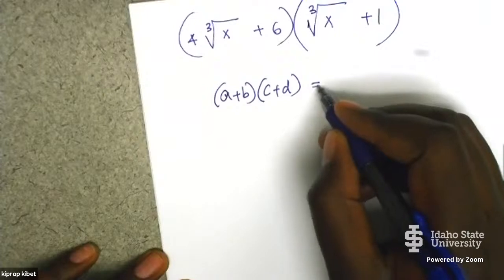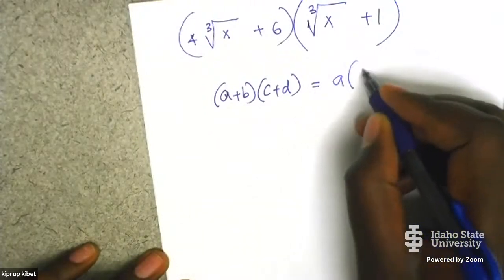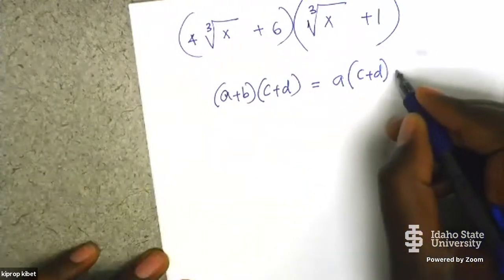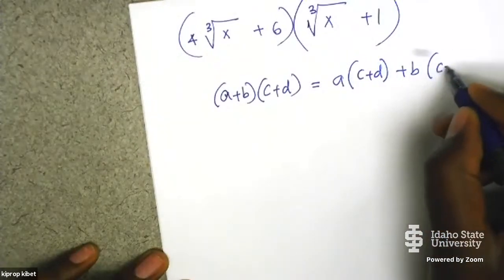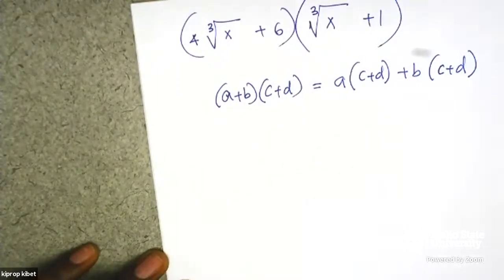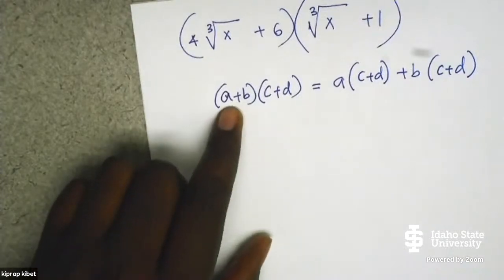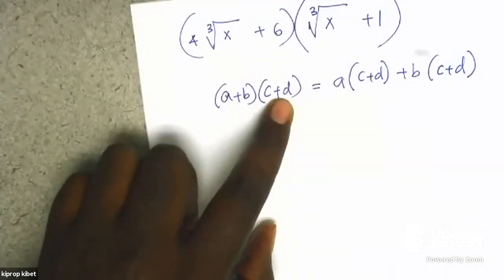This is the same as A, C plus D, plus B, C plus D, right? So you can just use this one to multiply with this one.